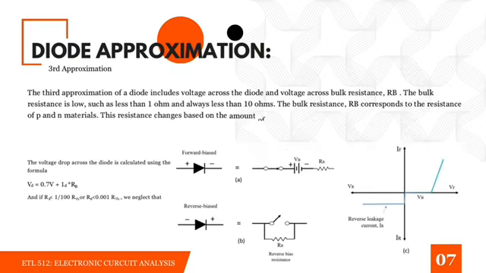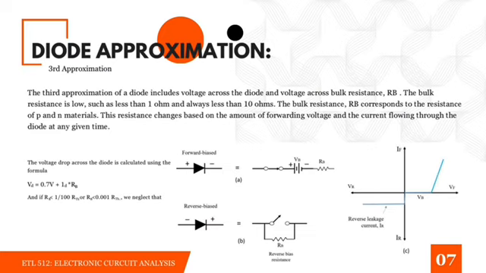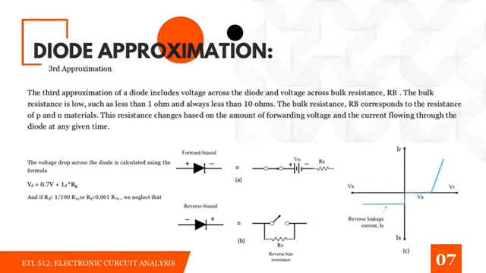The third approximation of a diode includes the voltage across the diode and the voltage across the bulk resistance, RB. The bulk resistance is low, such as less than 1 ohm and always less than 10 ohms. The bulk resistance, RB, corresponds to the resistance of the P and N materials. This resistance changes based on the amount of forward voltage and the current flowing through the diode at any given time.